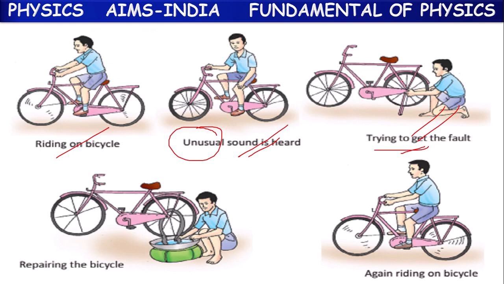Then, if a stone or something is there, you will remove it, and you can repair the cycle by yourself. Again, you can ride the cycle. In this way, as a common man identified one problem and solved that problem, in the same way scientists also identify the problems around us and find solutions for the problems.